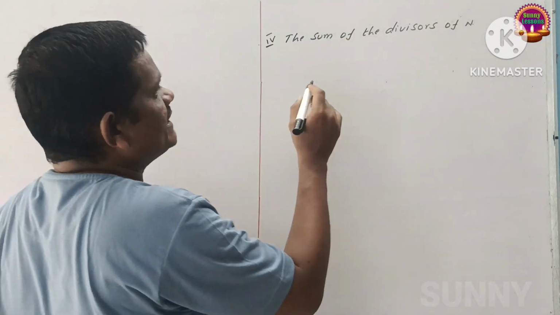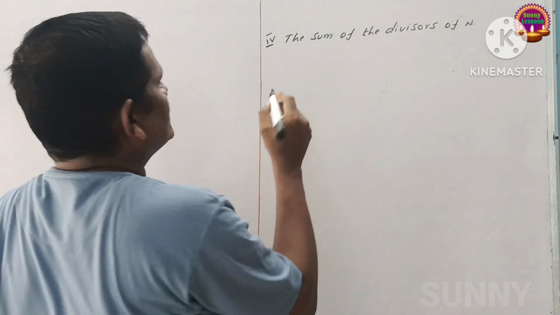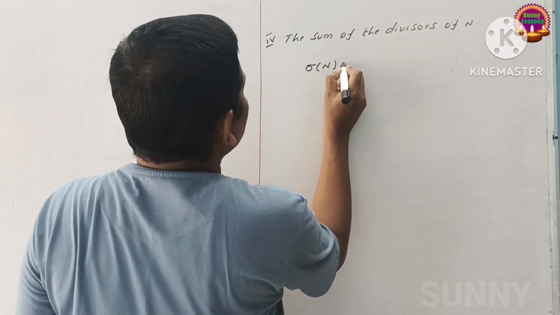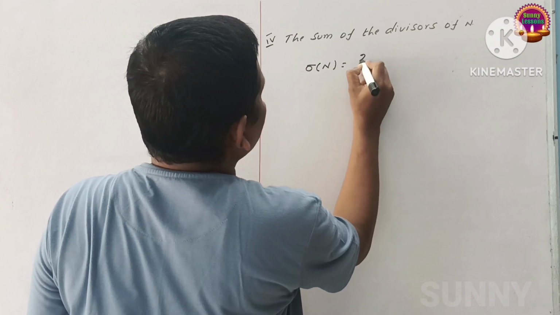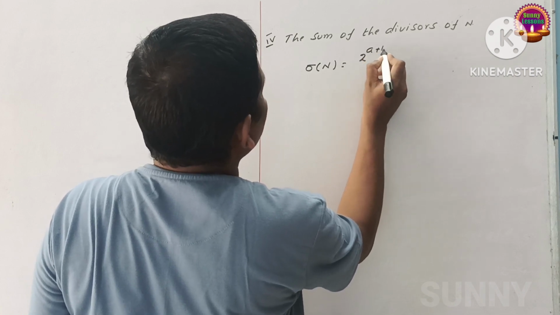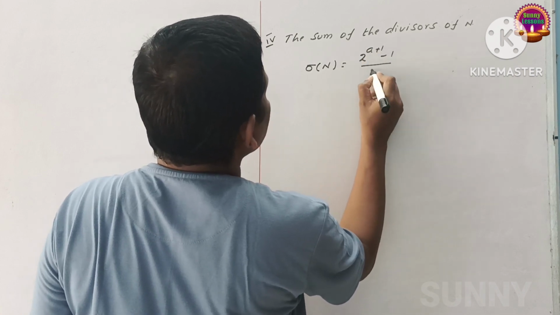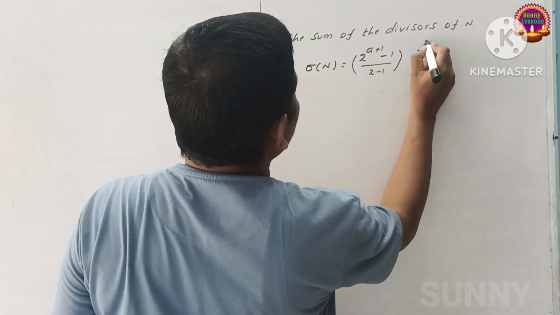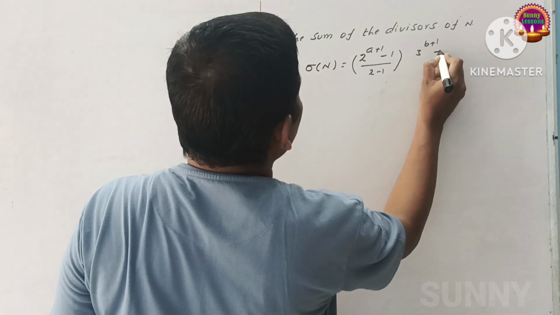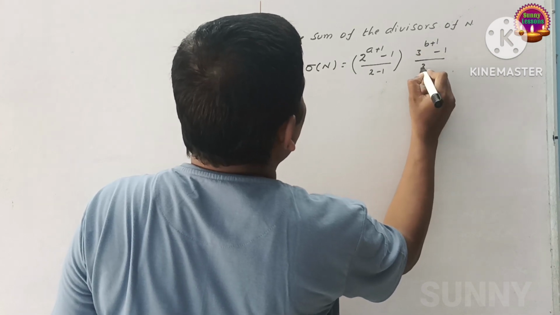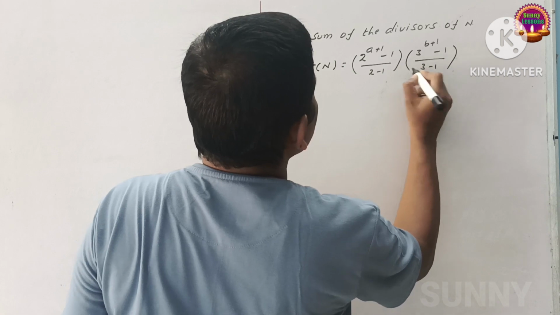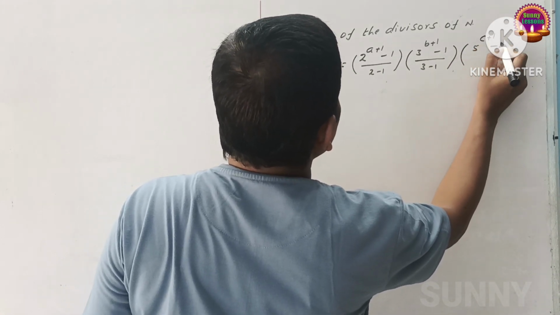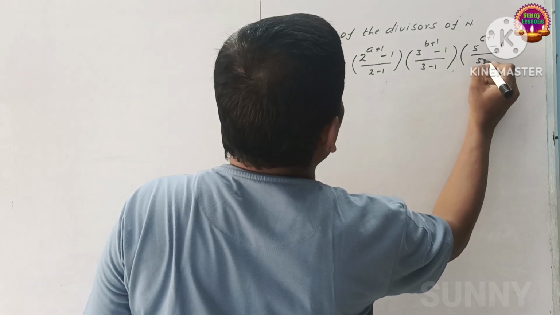The sum of the divisors of n, denoted by sigma n, is equal to (2 power a plus 1 minus 1) by (2 minus 1) into (3 power b plus 1 minus 1) by (3 minus 1) into (5 power c plus 1 minus 1) by (5 minus 1).